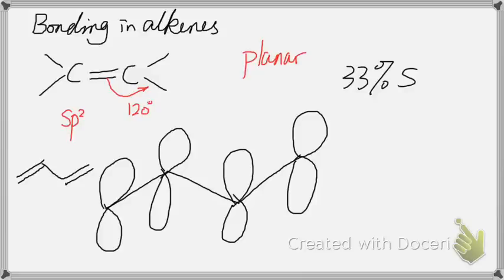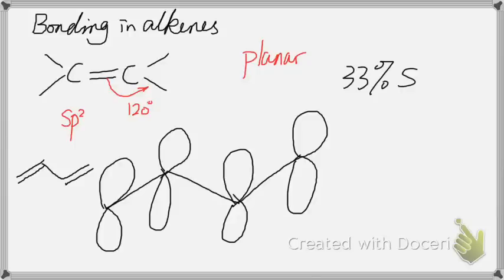So on each of the 4 carbon atoms, there will be a p orbital perpendicular to the plane of the molecule. Each contains 1 electron. So these p orbitals, all 4 of them, can overlap with each other side by side. As a result, those pi electrons are not localized to 2 carbon atoms.